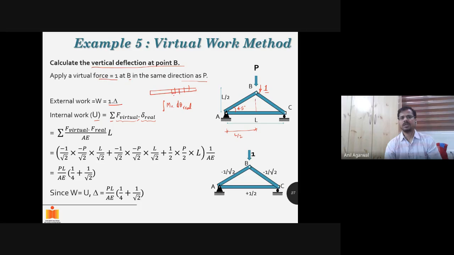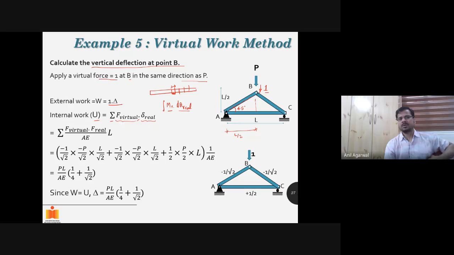For a given part, we were saying how much is the moment acting in this tiny part, and then how much is the change in angle from one end to another end, how much is the change in slope for that particular part due to the real loads. Same thing I'm doing here. For each member the force is constant along the member length.